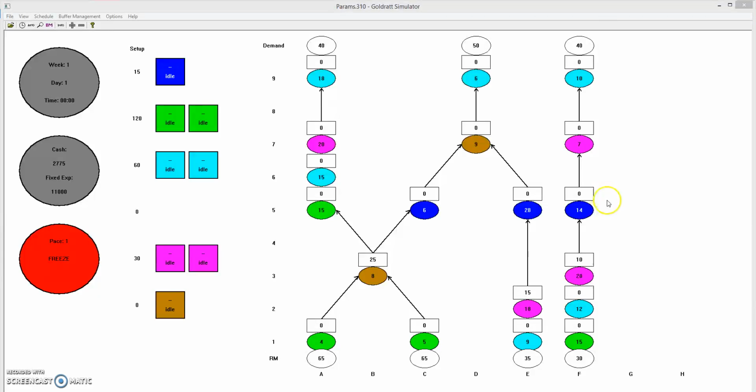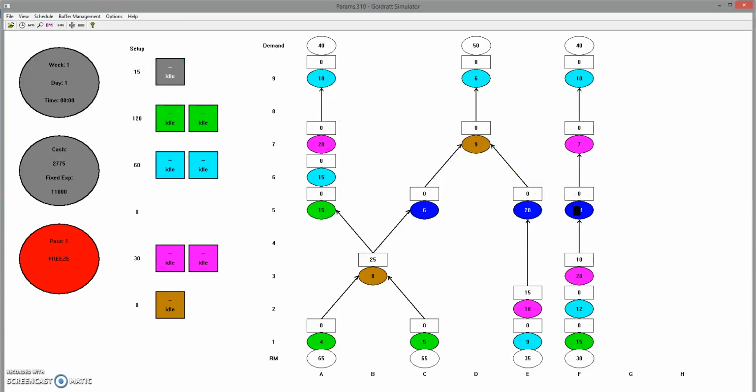Now what kind of resources do I need? From this location, let's call it F4, to F6, this location, I have a dependency on a blue resource. So let's deploy the blue resource over here. What will happen when I start my simulation is that this blue resource is going to take 15 minutes to set itself up.